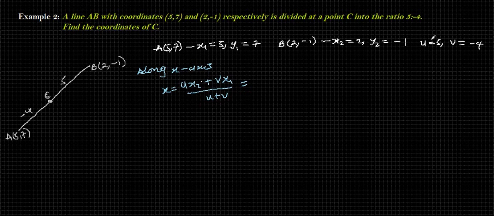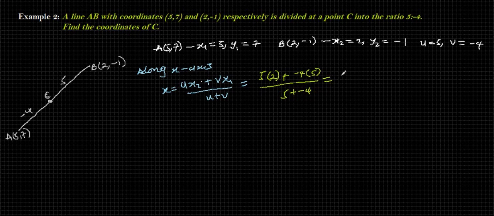We have the value of u to be 5, that is 5 multiplying x2, which is 2, plus we have v, which is minus 4, multiplying x1, which is 5, and this is divided by u plus v, which is 5 plus minus 4.